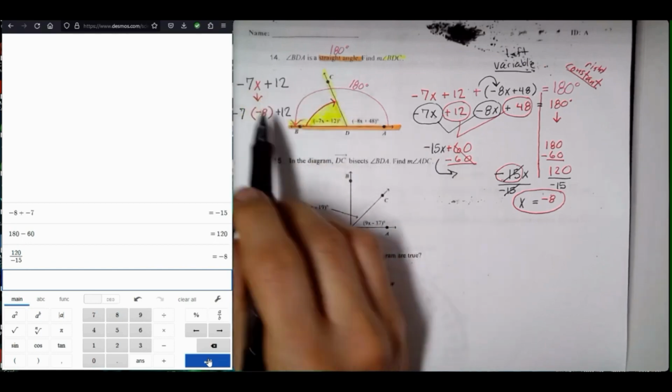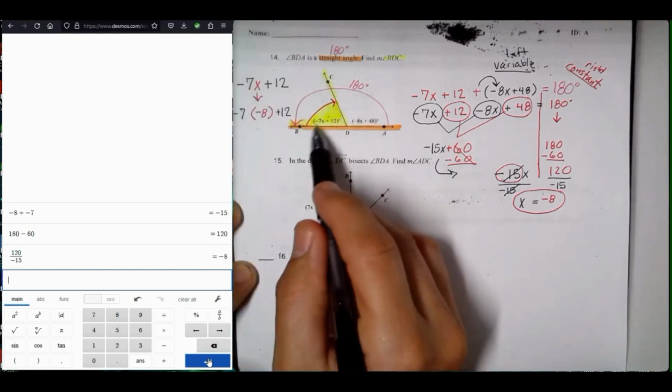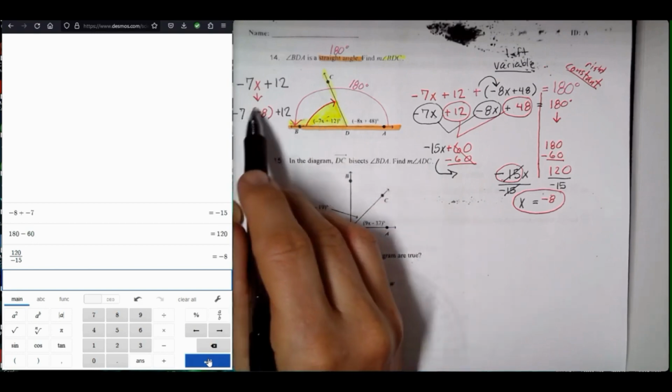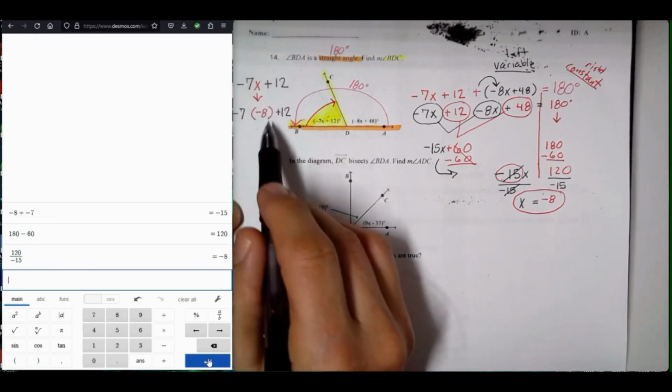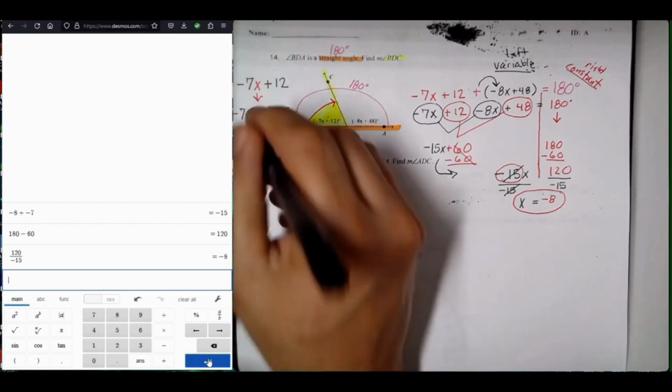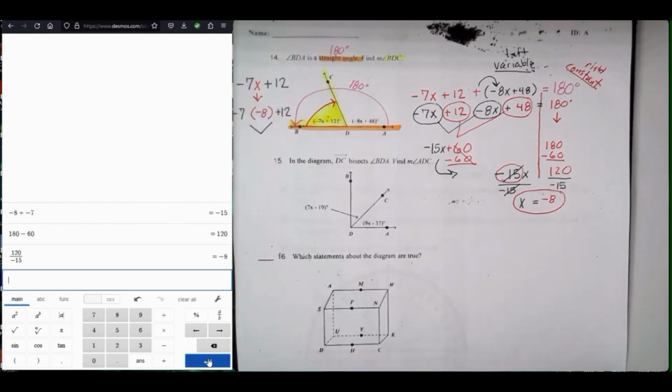So now, instead of having negative 7x plus 12 for our angle, we actually have negative 7, parenthesis, negative 8, close parenthesis, plus 12. Now I'm going to put all this in the calculator, and I'm going to see what it gives me. So in other words, we're evaluating that expression. Negative 7, parenthesis, and the parenthesis just means to multiply, negative 8, close parenthesis, and then plus 12.